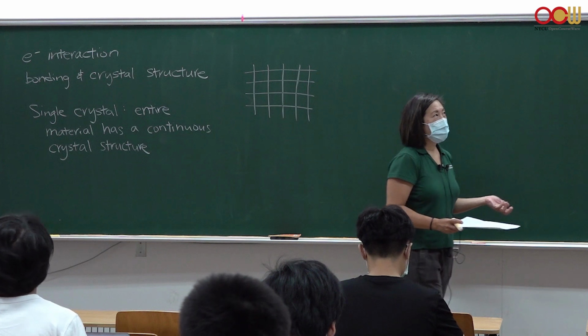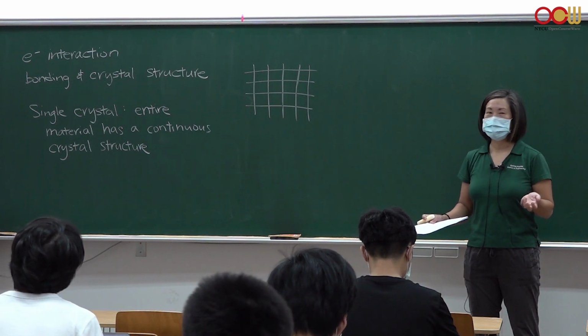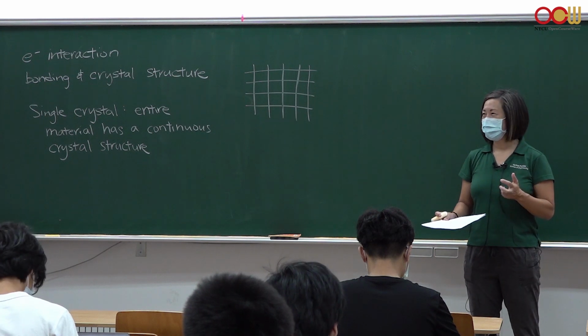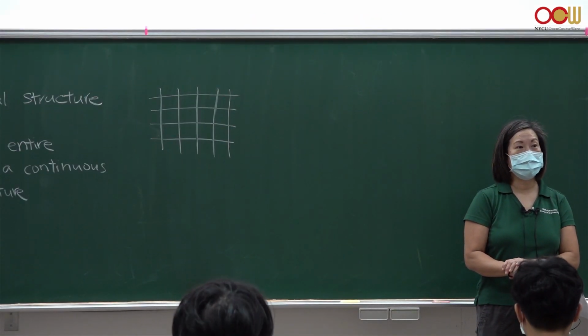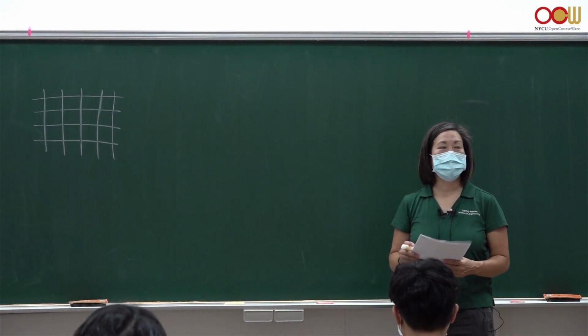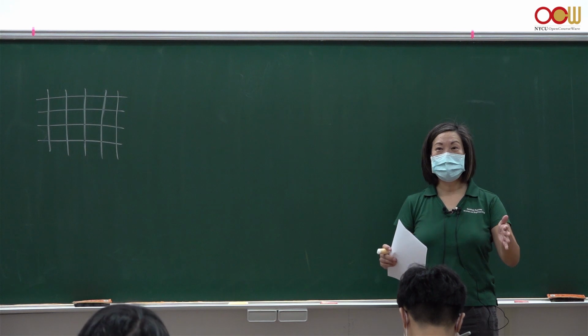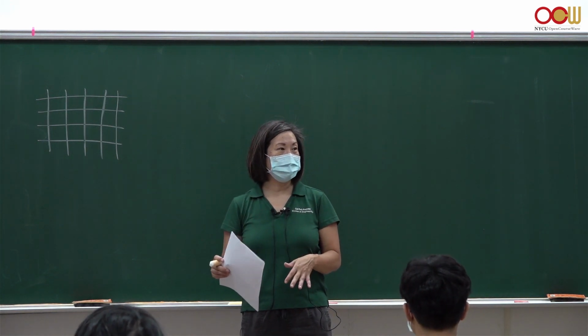The only place that you would really encounter a single crystal is, does anyone know where that might be? It's in a silicon wafer for integrated circuit purposes. We will talk about why it is important for a silicon wafer to be made from a single crystal.